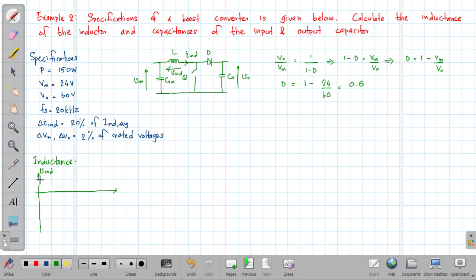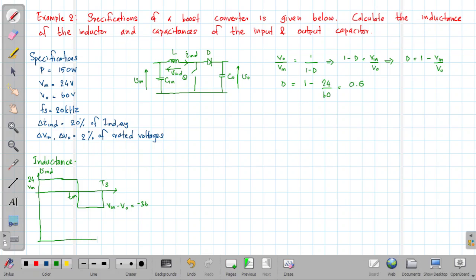When the switch is closed, the voltage would be 24 volts, that is equal to V in, and during the turn off time we have V in minus V out, which is equal to minus 36 volts in this case.